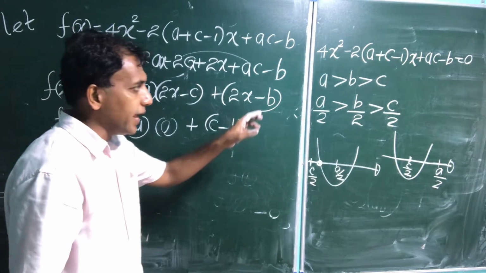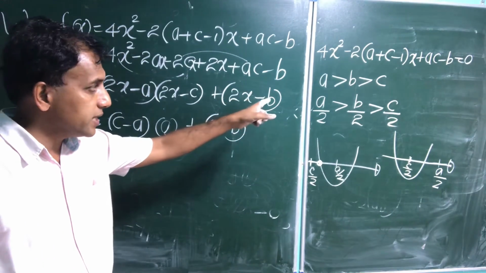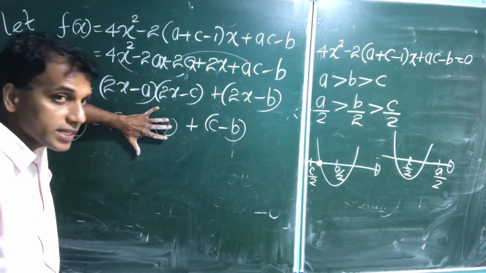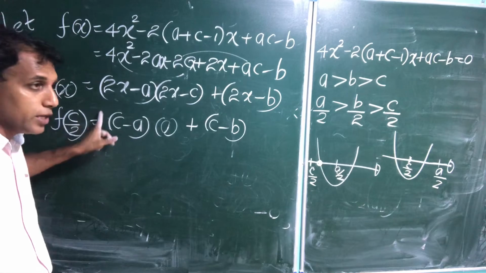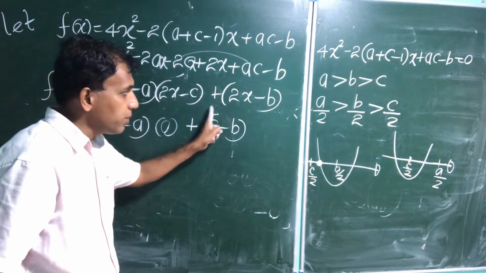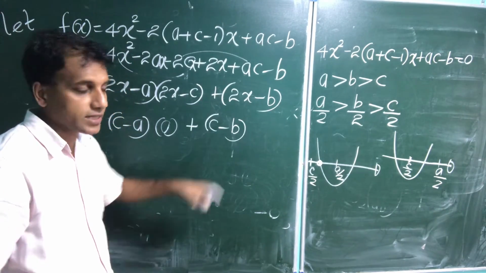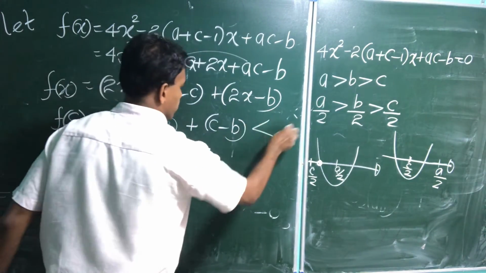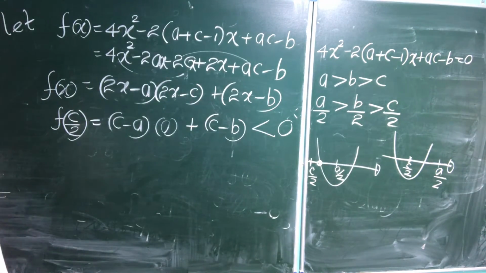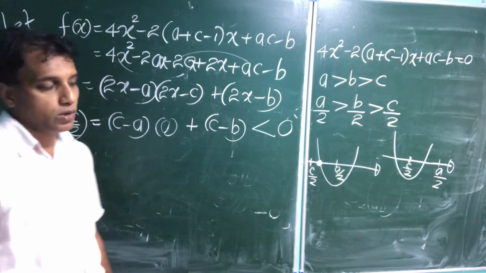So they said a is the biggest, c is the smallest, b is the medium. This part is 0. What is the sign here? b is the biggest, therefore negative. This is 0. f of c by 2 is negative.